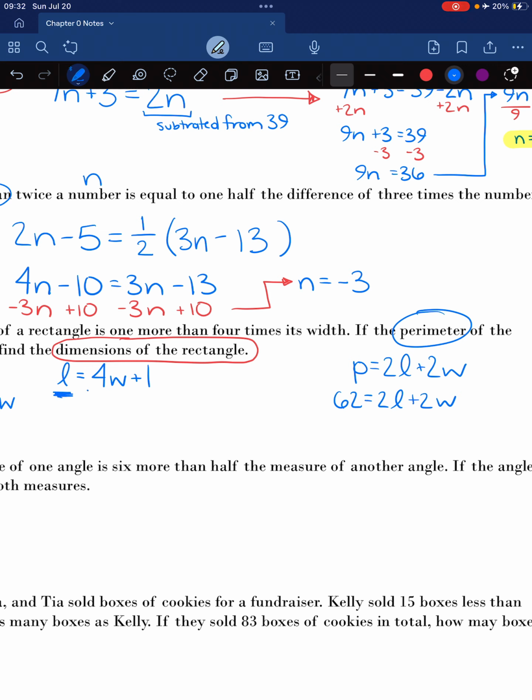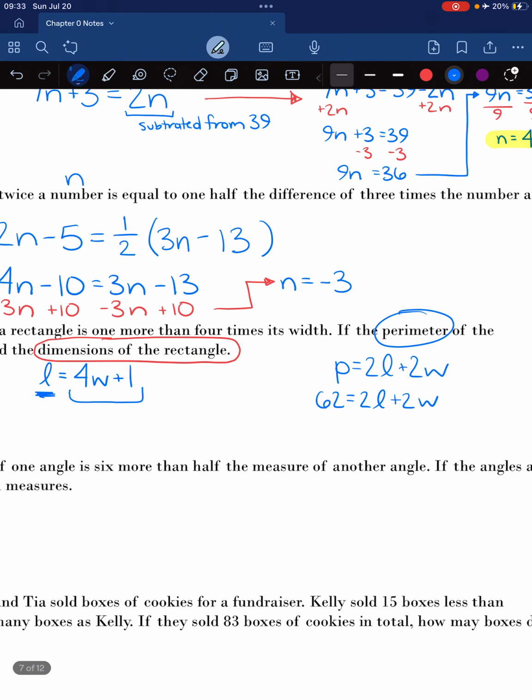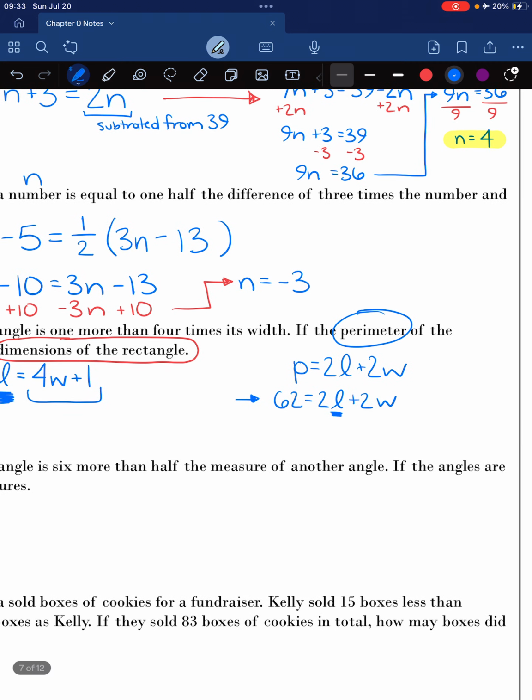So if I see that L equals 4W plus 1, I can go ahead and in my perimeter equation over here, instead of writing the L, I can replace it with 4W plus 1. So let's go ahead and do that. 62 equals 2 times 4W plus 1 plus 2W.